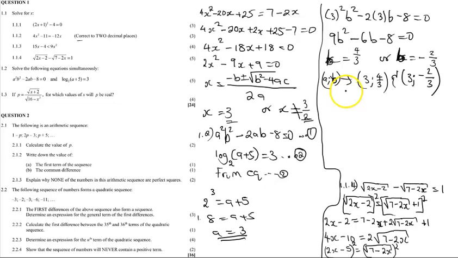And then we move to 1.3. Now 1.3 says, if P is root of x plus 2 over root of 16 minus x squared, for which values of x will P be real?